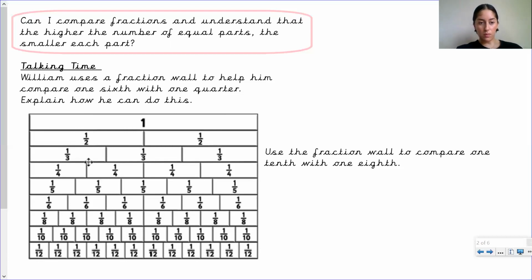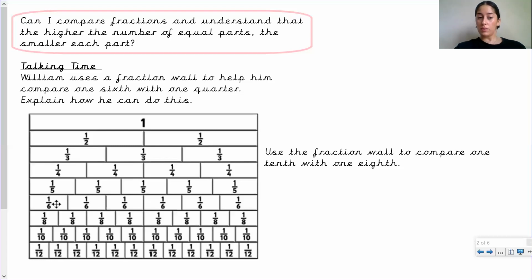Okay, so I have got 1/4 here and I have 1/6 here. What do you notice? Well, we can see that 1/4 is bigger than 1/6. But how come?